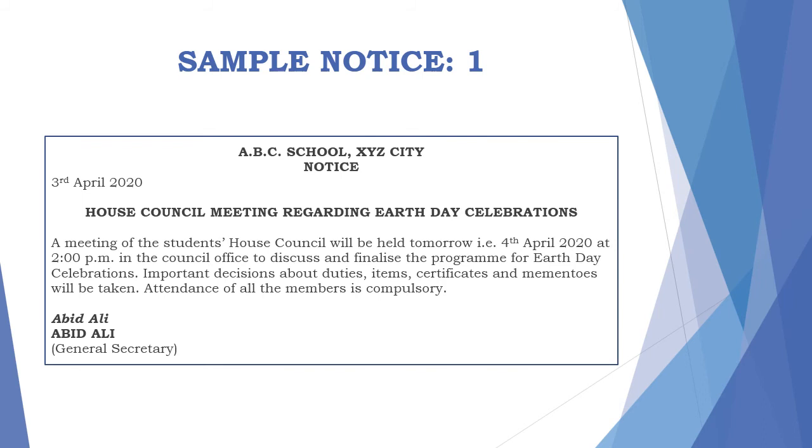Both of these are written in block letters. After that, in the next line, extreme left hand side, inside the box, we write the date. Date is written in its expanded form. After writing the date, we leave a line. And then the heading of the notice is given.